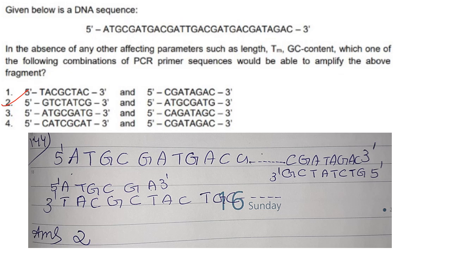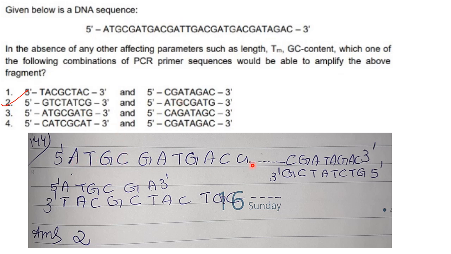Now next one. Given below is a DNA sequence. In the absence of any other affecting parameters such as length, Tm, GC content, which one of the following combinations of PCR primer sequences would be able to amplify the above fragment? So these are the various forward and reverse primers that they have given.